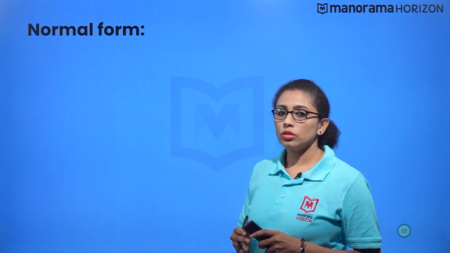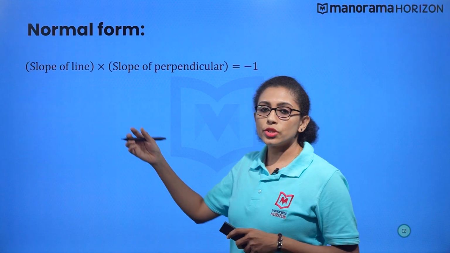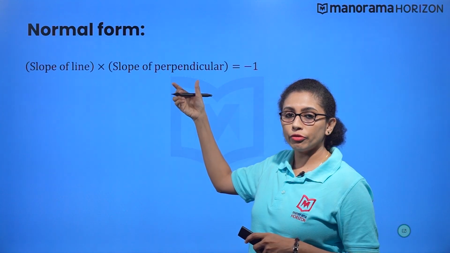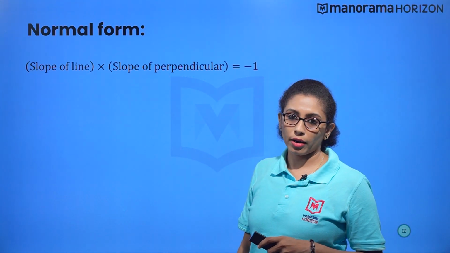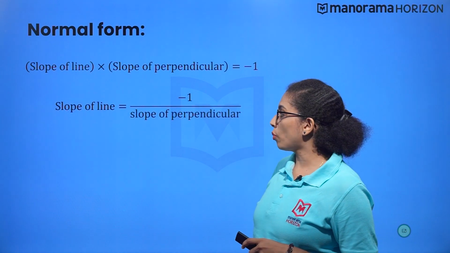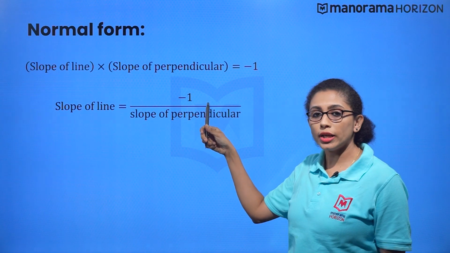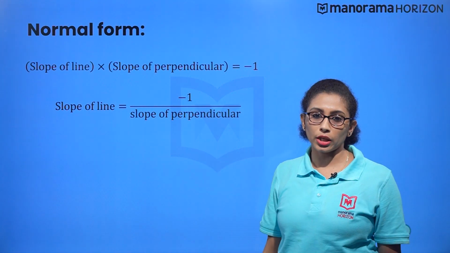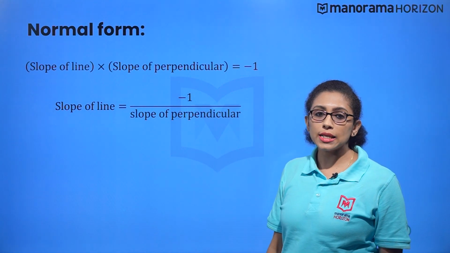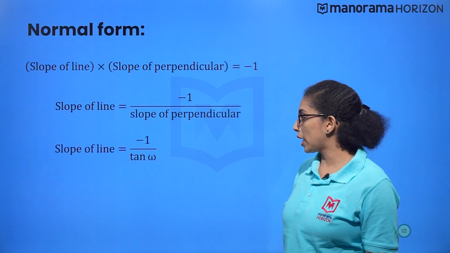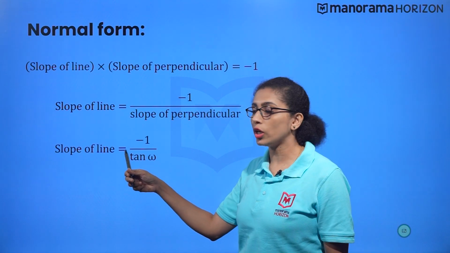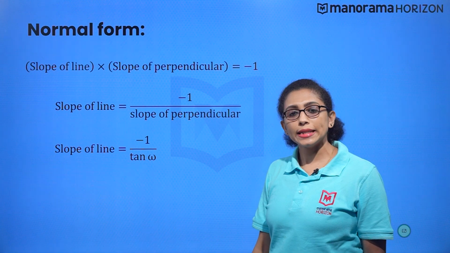The product of the slope of a line and the slope of its perpendicular is minus 1. So we need to find the slope of the line, which is equal to minus 1 divided by the slope of the perpendicular. And the slope of the perpendicular is nothing but tan omega. So we get slope of the line is equal to minus 1 divided by tan omega.